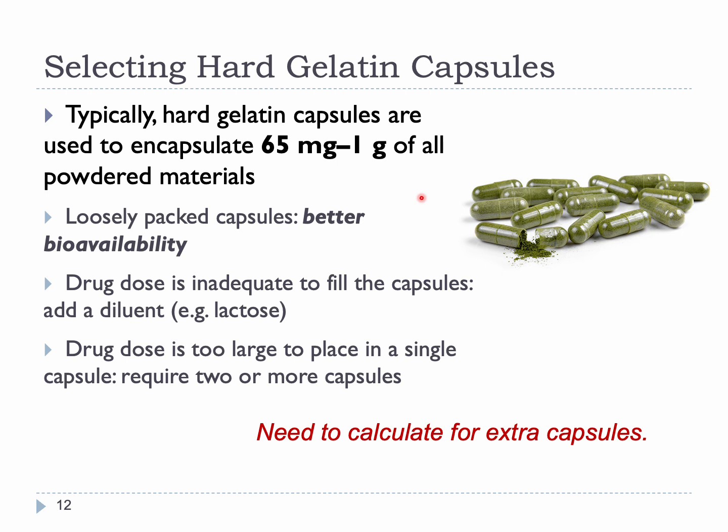Typically, a hard gelatin capsule can encapsulate 65 mg to 1 gram of powder materials. Powder materials here include API and excipient. If you pack the powder into a capsule, a loosely packed capsule will provide better bioavailability. Avoid compressing or tightly packing the powder into the capsule.